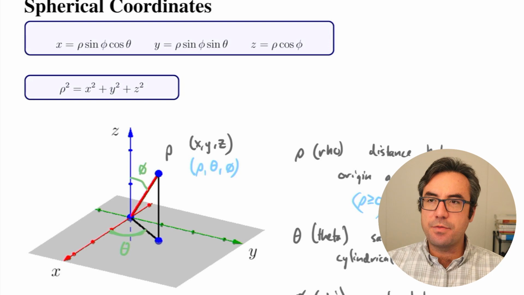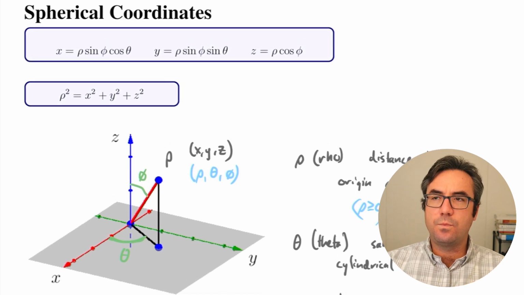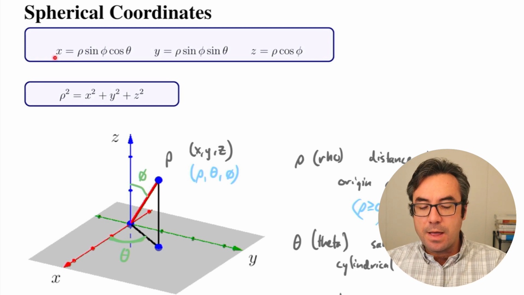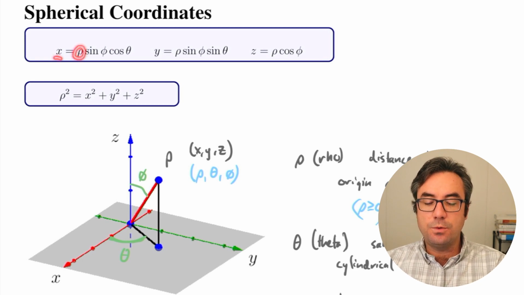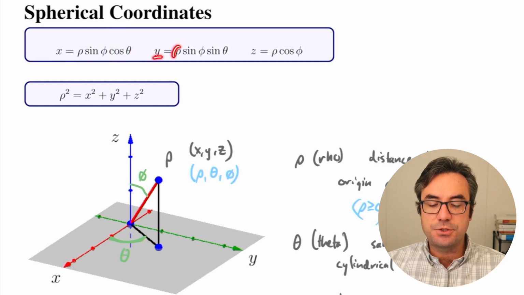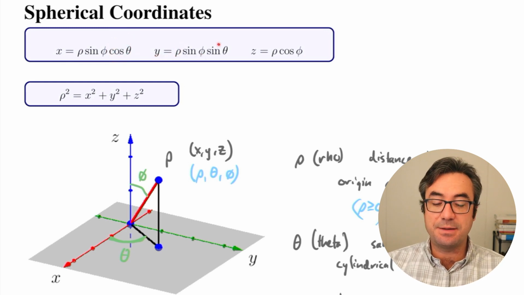All right, so what are the equations that we can use to convert back and forth? Well, x is equal to rho times sine of phi times cosine theta. Y is equal to rho times sine of phi times sine of theta. And then z is equal to rho times cosine of phi.